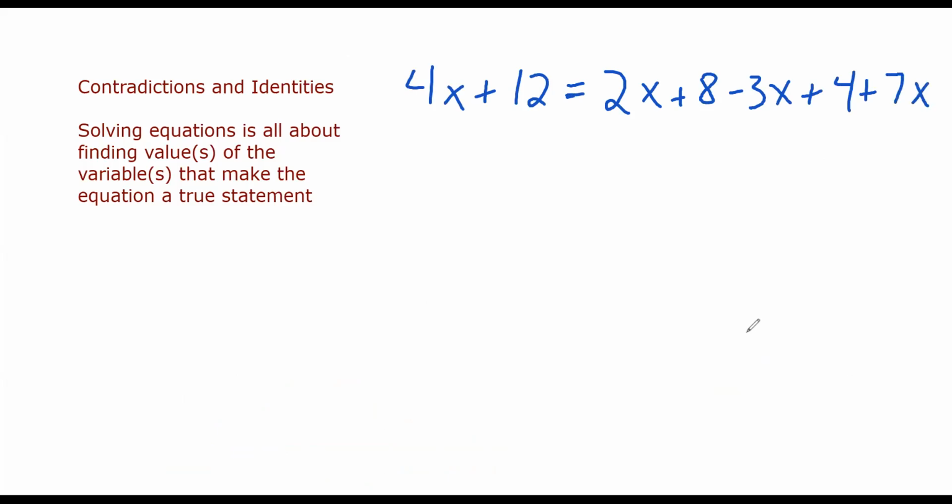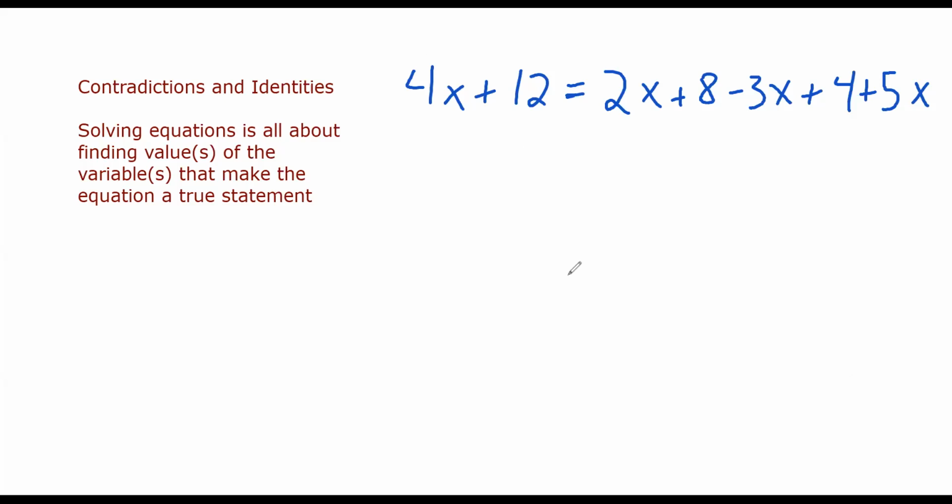Let's see if I did my math right here. I didn't. I'm glad I double checked. So we've got 4x plus 12 on the left equals 2x plus 8 minus 3x plus 4 plus 5x.